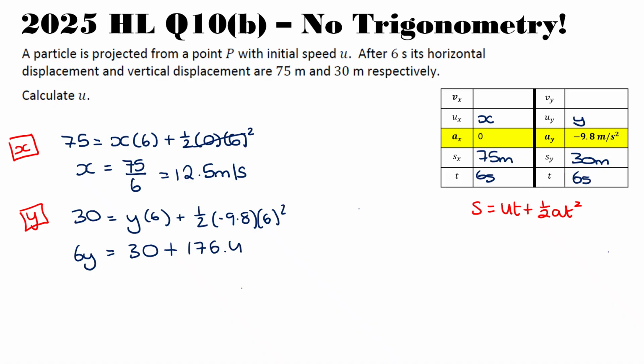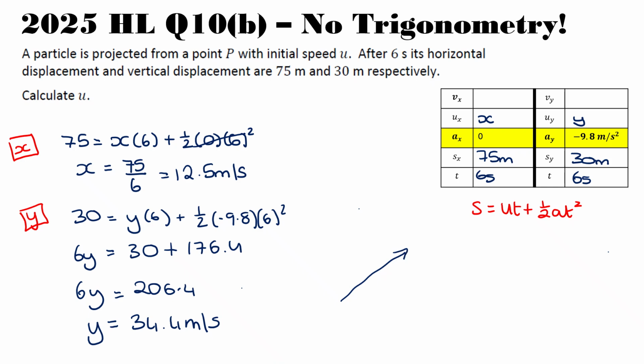Add those together, and then we get 6y is equal to 206.4. Divide both sides by 6, and we're left with y is equal to 34.4 meters per second.